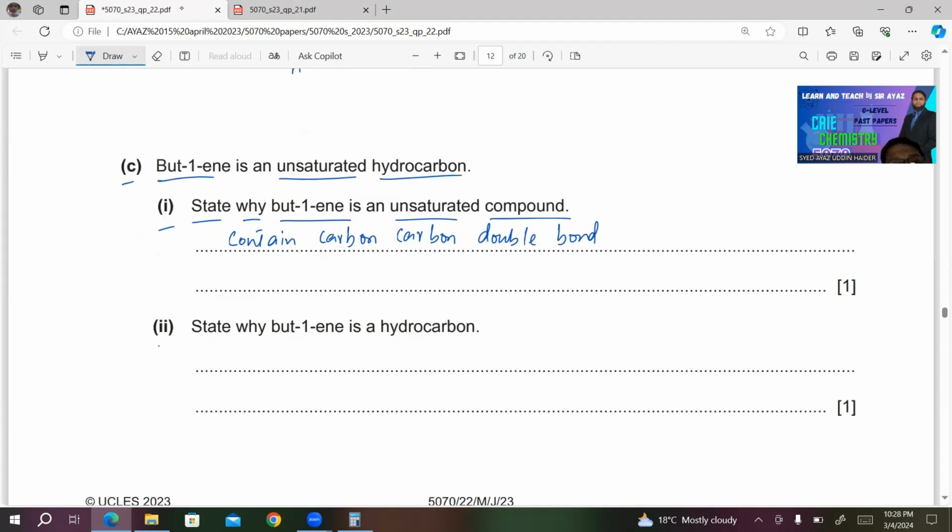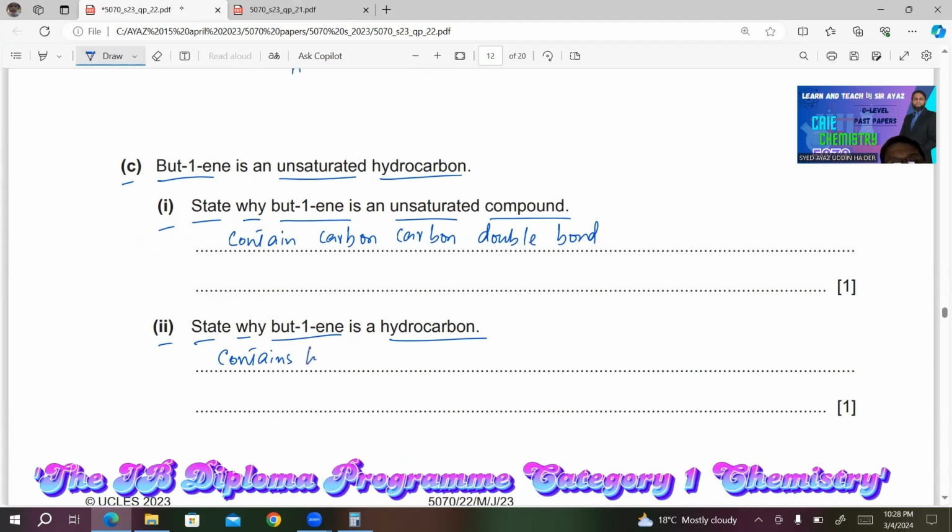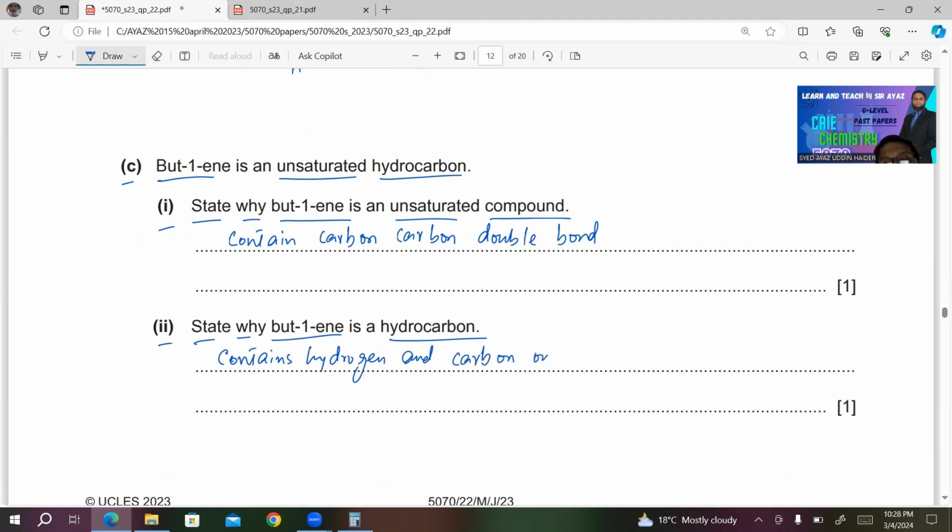Number 2. State why butene is a hydrocarbon. It must contain carbon and hydrogen only. Contains hydrogen and carbon only.